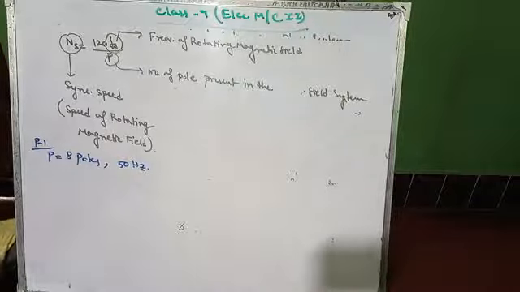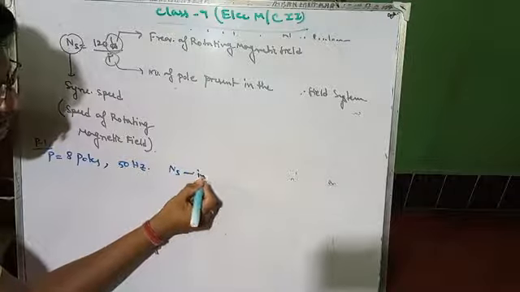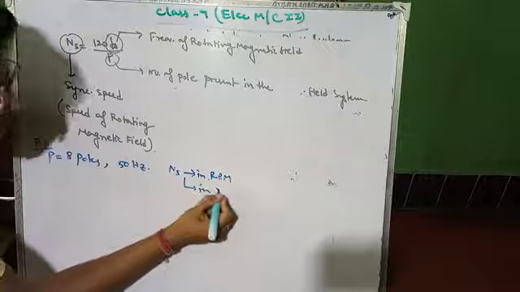Then calculate the rotating magnetic field speed, that is Ns in RPM and in rad per second.